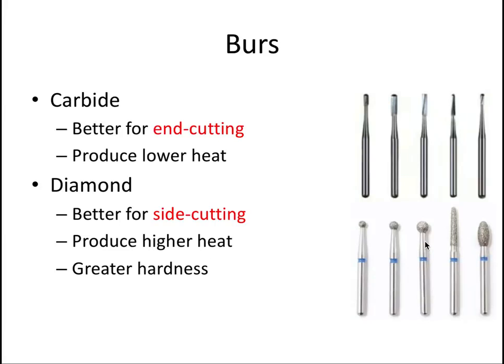So the finer the grit of the diamond, the less aggressive the burr will be. And for carbides, the more blades that a carbide burr has, the less aggressive that burr will be. So the more you would use it for finishing and polishing rather than cutting and drilling tooth structure.